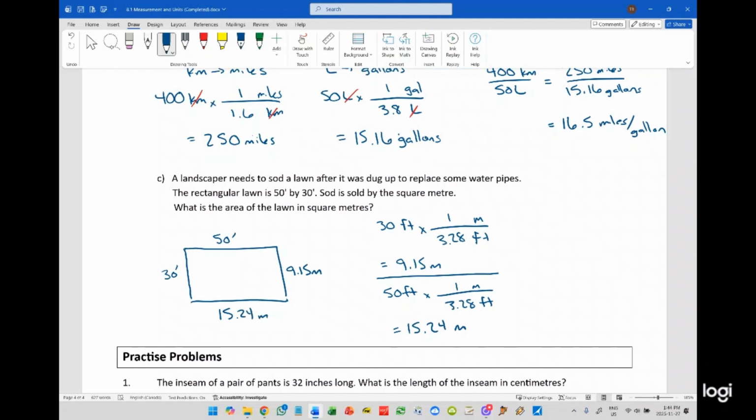And then if I want the area, I just focus on my new values in meters instead of my old values in feet. So the area of the lawn is 9.15 times 15.24, which is 139.446.